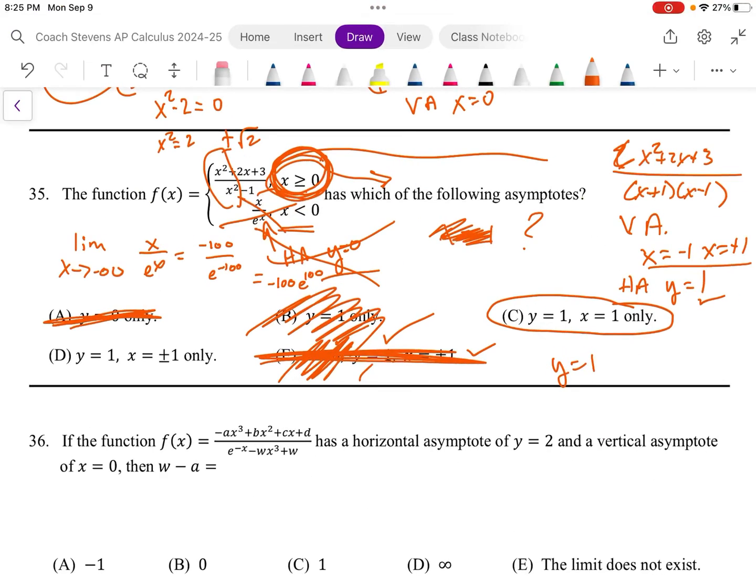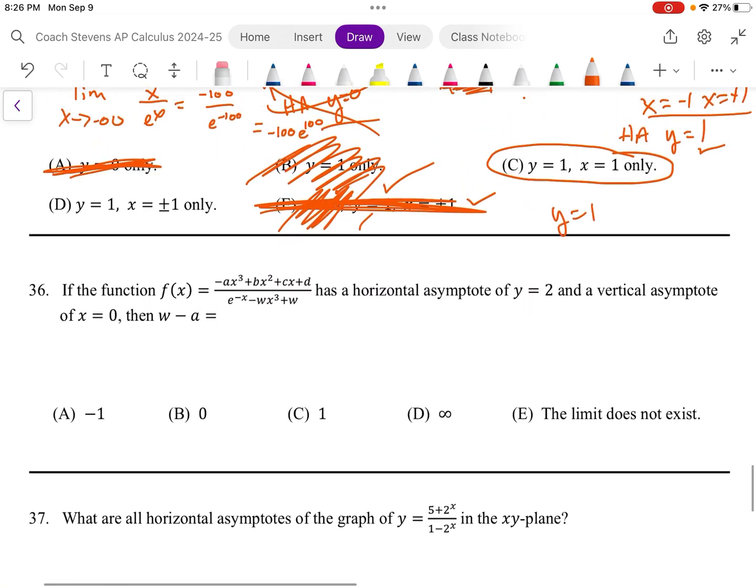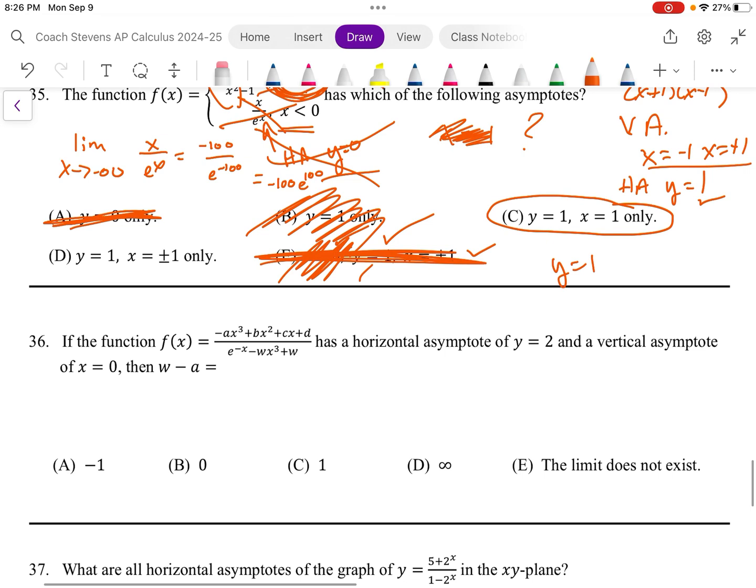All right, let's see. One more. Ooh, there's a couple more. Sorry, 37. If f of x is the following function, it has a horizontal asymptote at y equals 2 and a vertical asymptote at x equals 0, then w minus a is equal to what? Ooh, that's a great question.